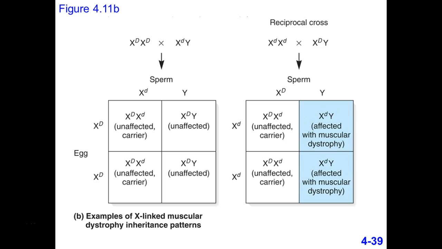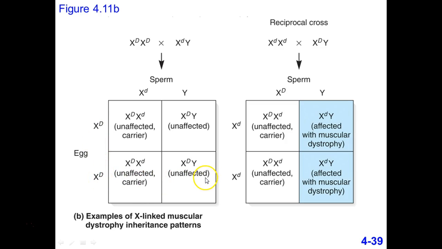All right, so muscular dystrophy, right? Recessive pattern of inheritance. So big D, you don't have it. Little d, you have it. So again, we have to write out the X's and the Y's. In this case, the male has it. Female doesn't, and she's not a carrier.